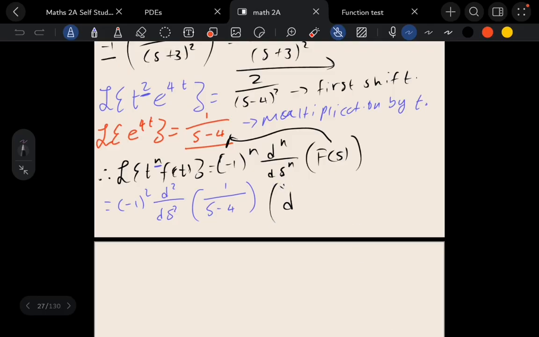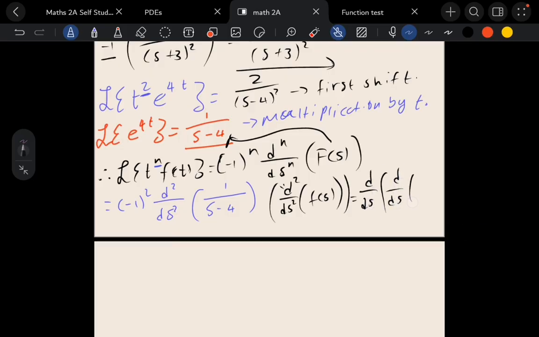If you have d over ds in bracket d squared f of s, the meaning of this is just d over ds of d over ds of f of s. So the meaning of this square, you need to break it into two.